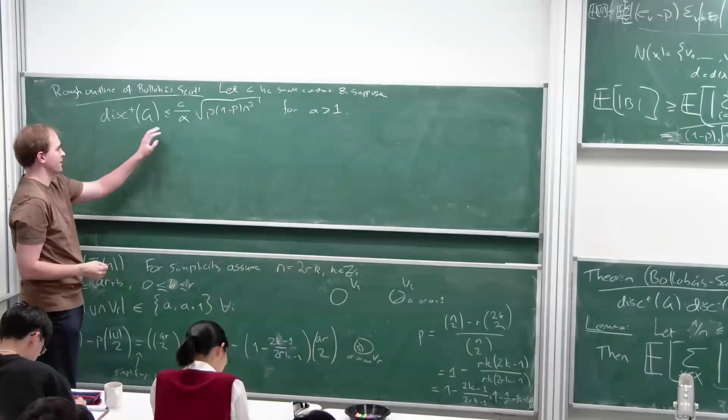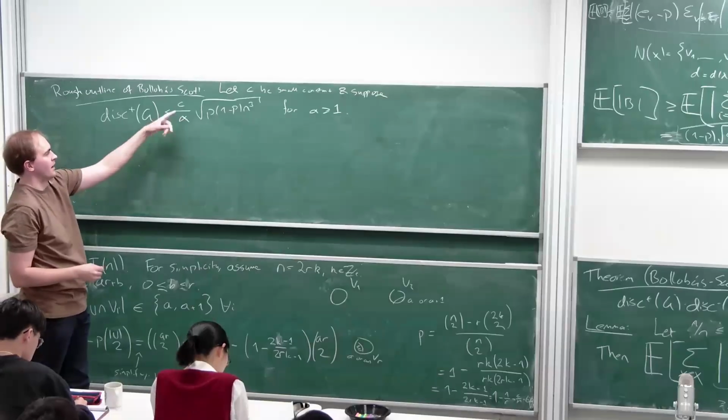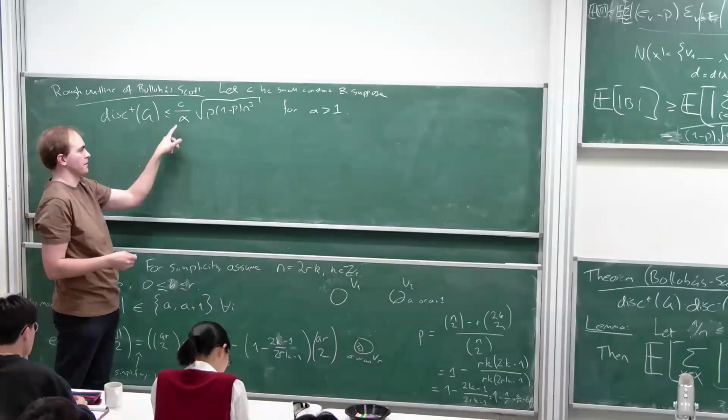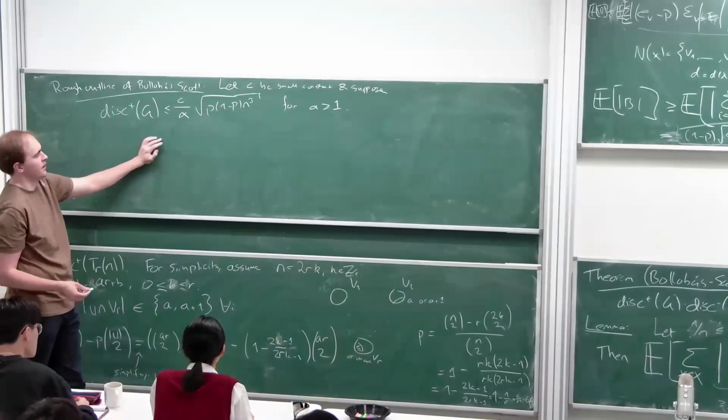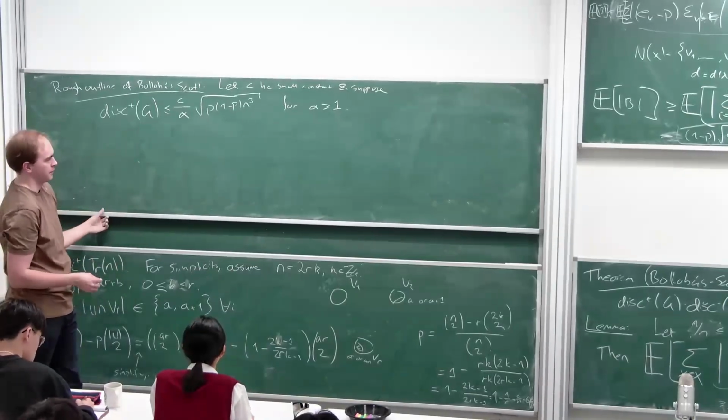If both positive discrepancy and negative discrepancy are at least some small constant times this expression, then we are trivially done, because both of them are fairly large. So I have to say that the positive discrepancy is small.